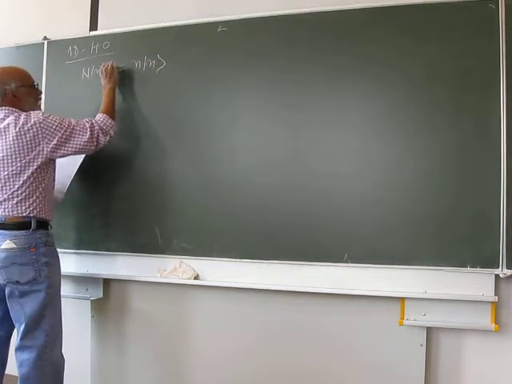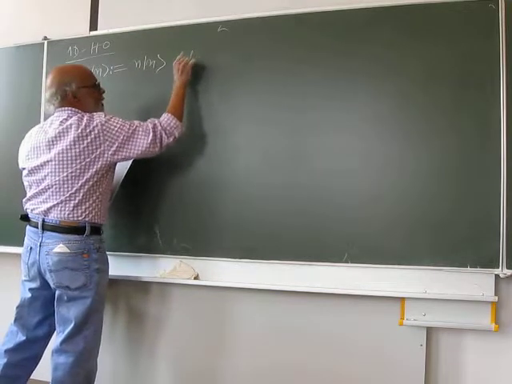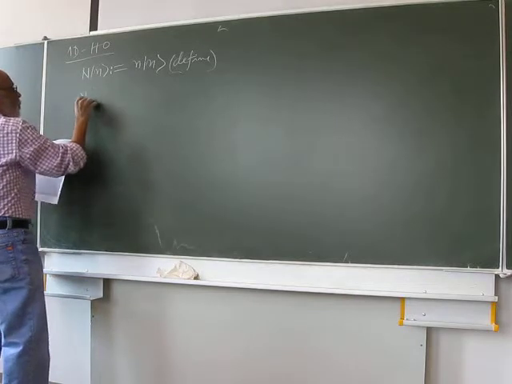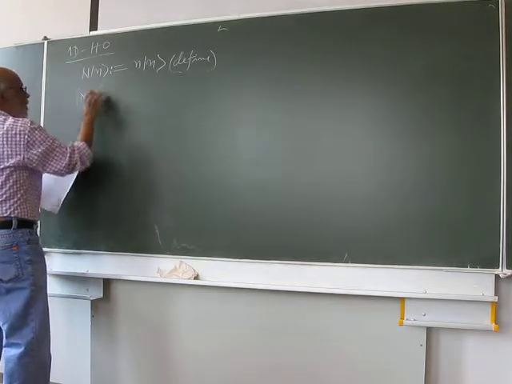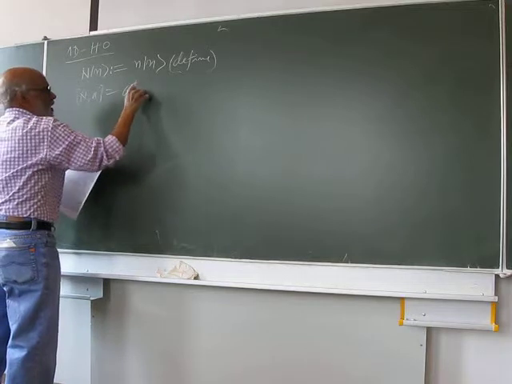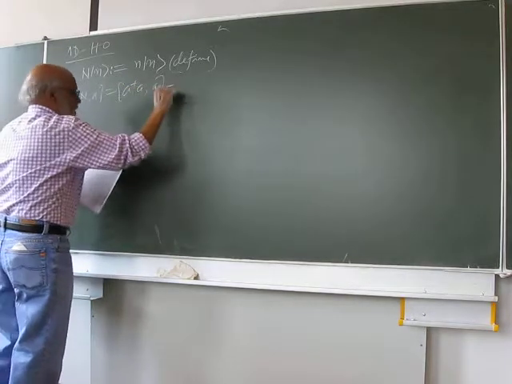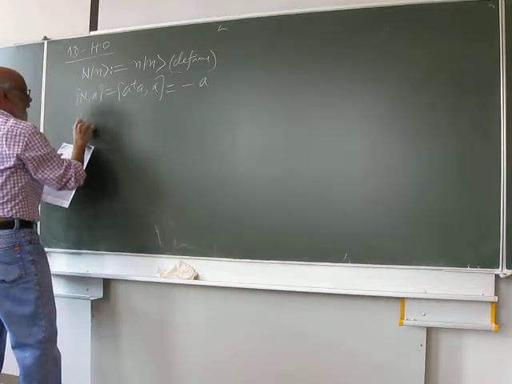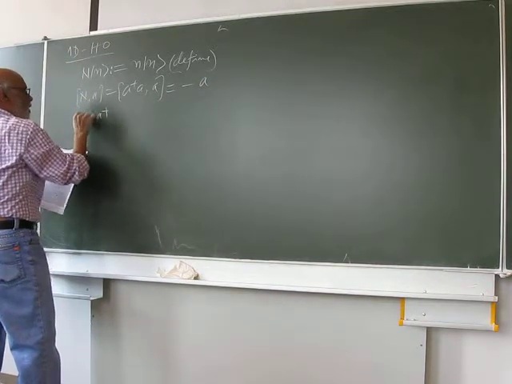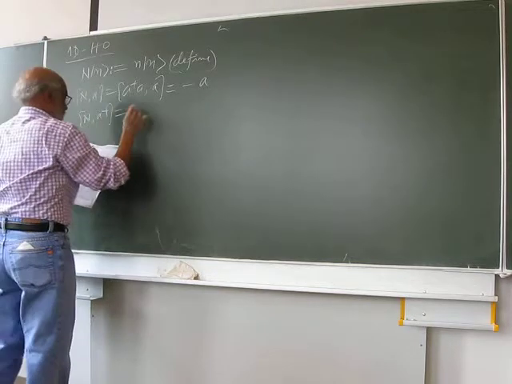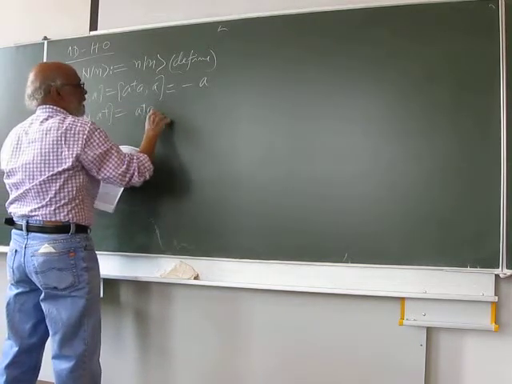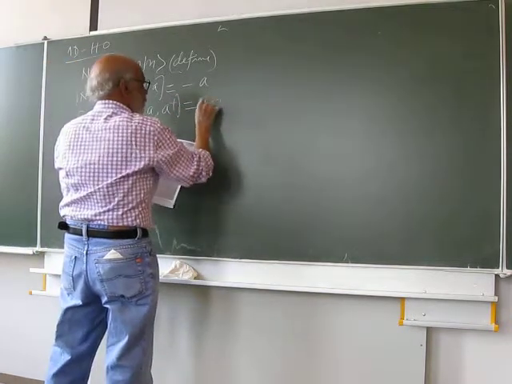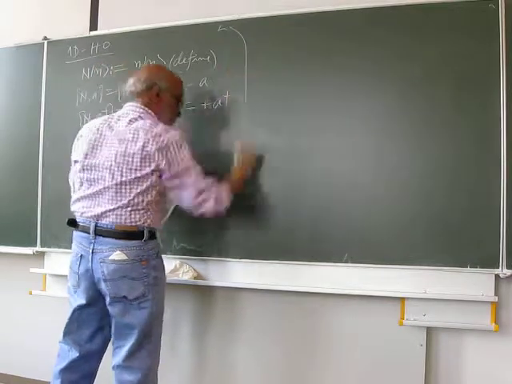This is by definition, we define it like that, and then you can prove the commutator of n with A is minus A, and the commutator of n with A dagger is plus A dagger.